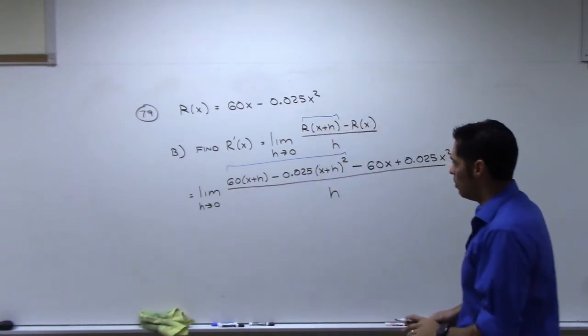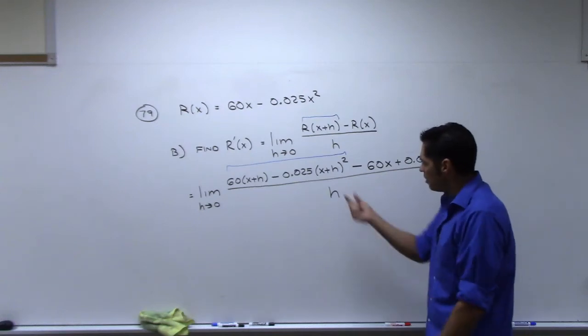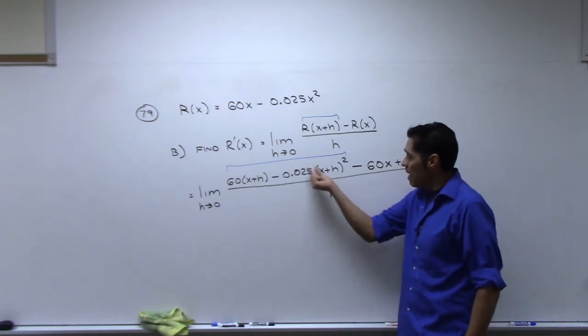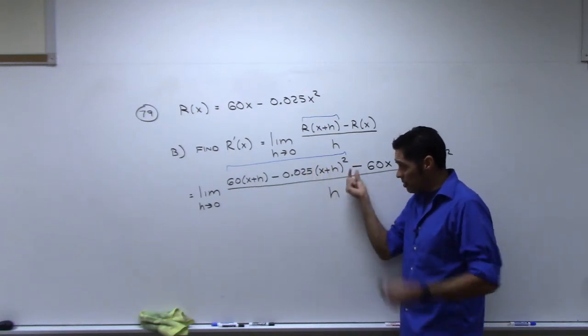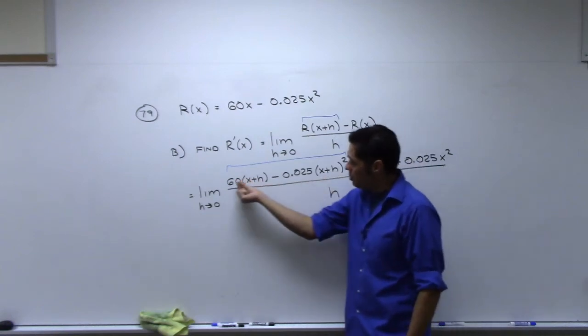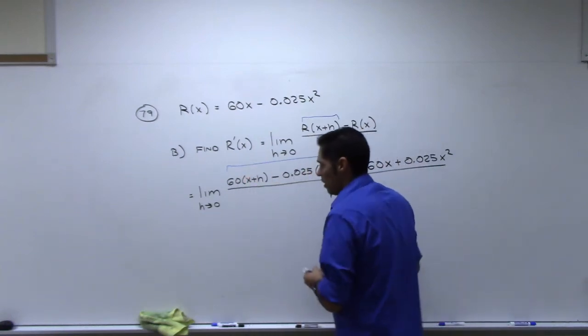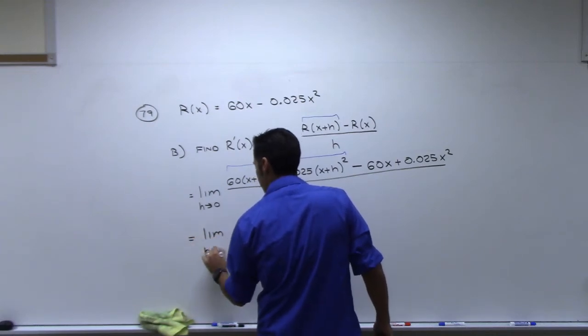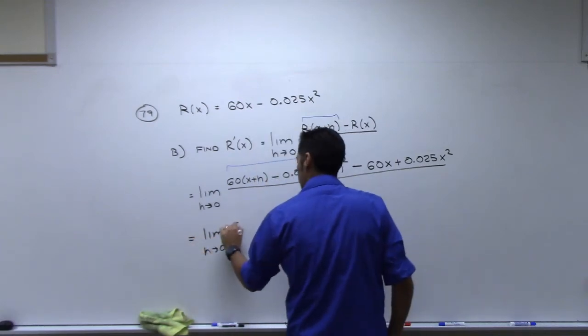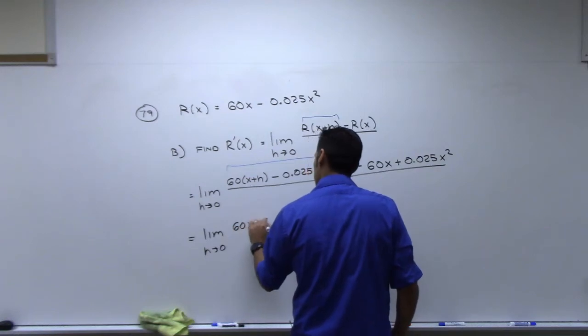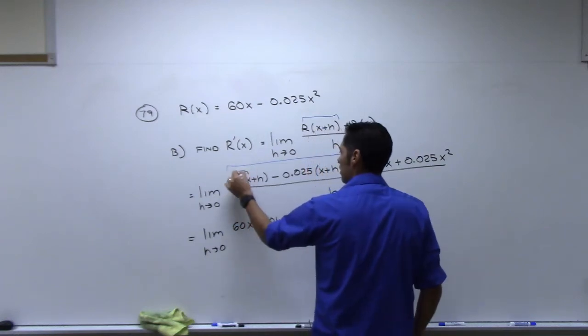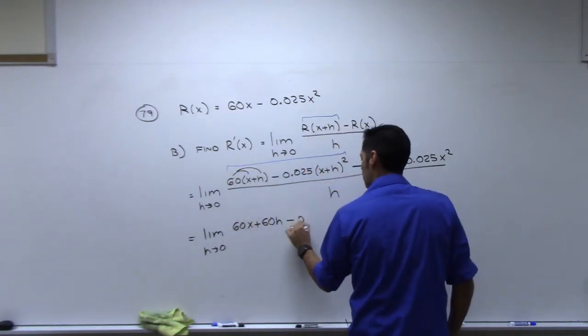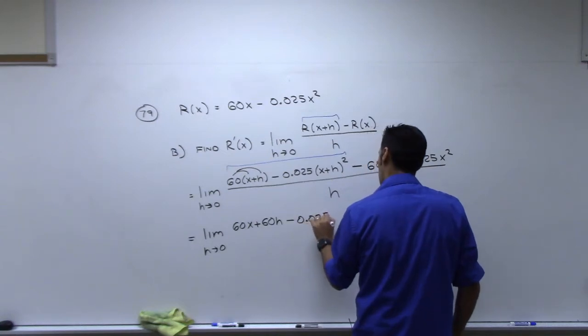Still have some algebra to do here. I must expand this, then distribute this decimal through, which is going to be a mess, and then I have to distribute a 60 through here. So let me go ahead and do this. Limit h goes to 0. I have 60x plus 60h, that's here and here, minus 0.025.